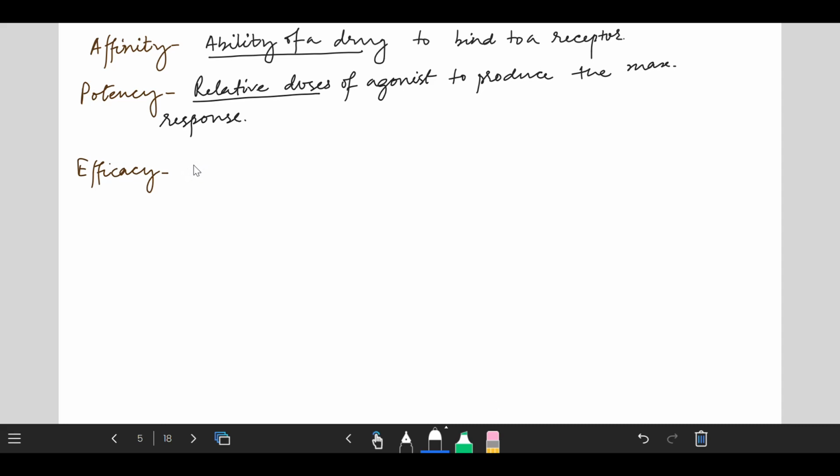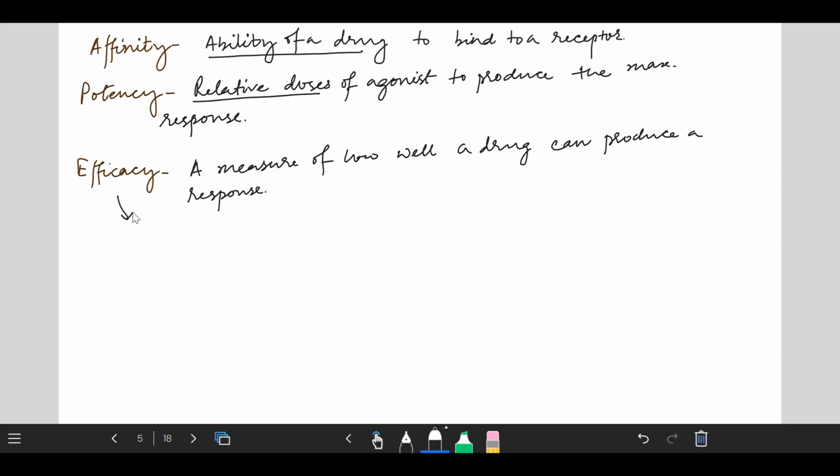So we can say that it is a measure of how well a drug can produce a response, and it can be maximum or it can be minimum, that is denoted by intrinsic activity, or IA. Clear to you?